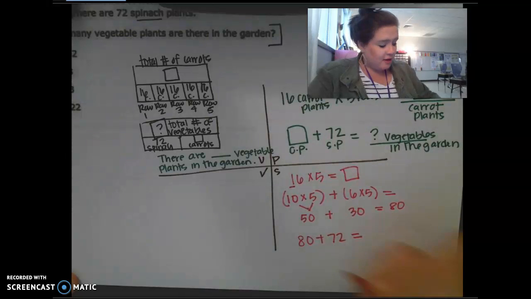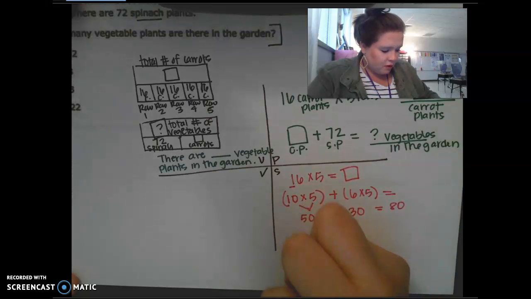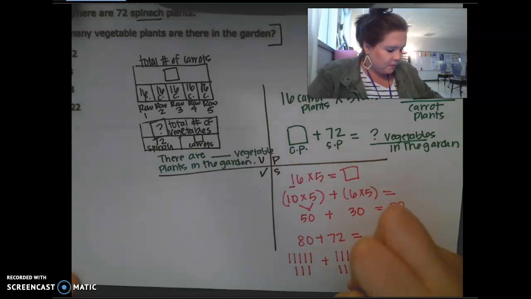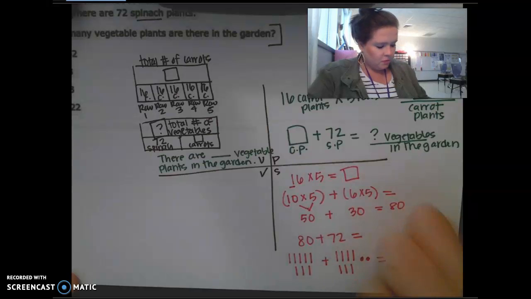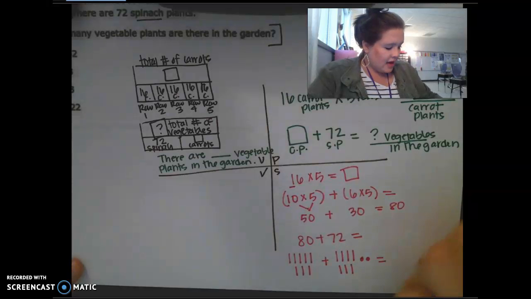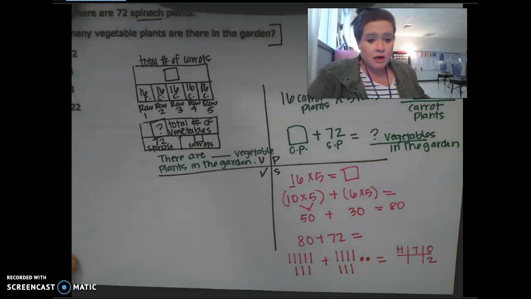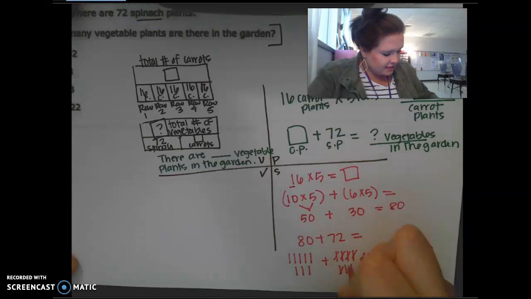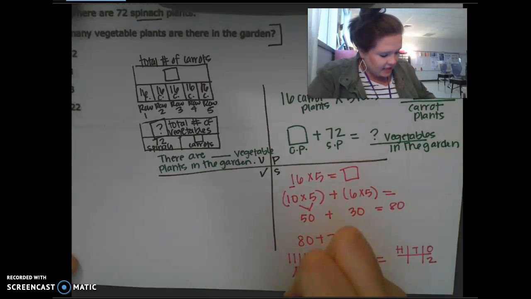And I'm going to do base 10 blocks for this one. 10, 20, 30, 40, 50, 60, 70, 80 plus 10, 20, 30, 40, 50, 60, 70, 72. Okay? I have 2 1s. Two 1s, 1, 2, and now I'm going to count my 10s. 10, 20, 30, 40, 50, 60, 70, 80, 90, 100.